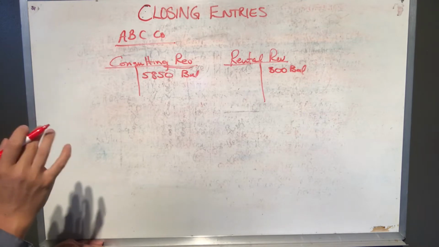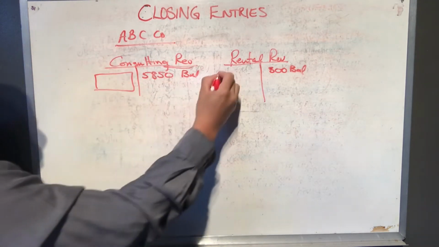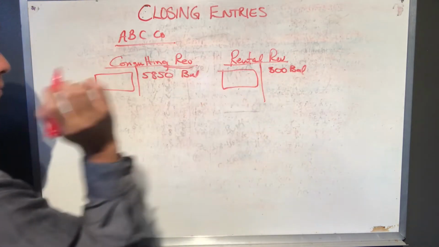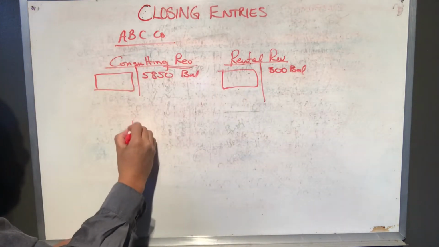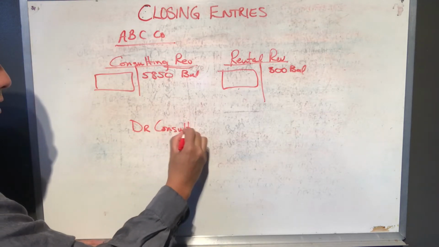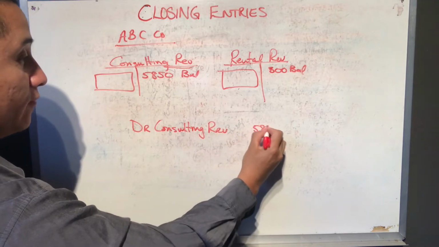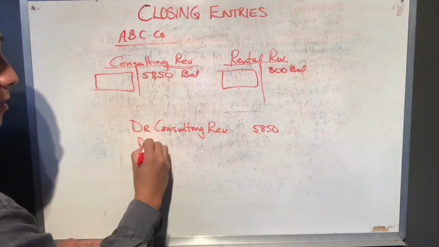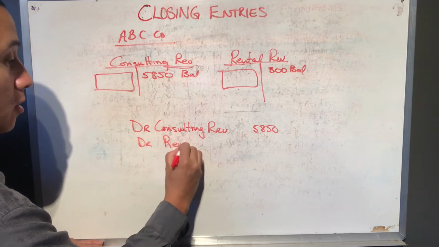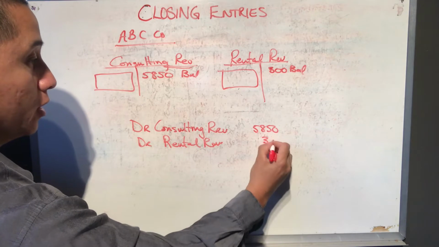So what we do is make a journal entry to nullify both accounts. In this case, it would be debit consulting revenue for 5,850. We would debit rental revenue for 300.